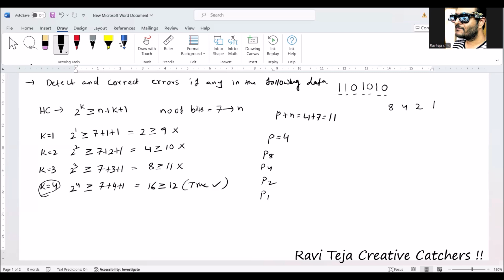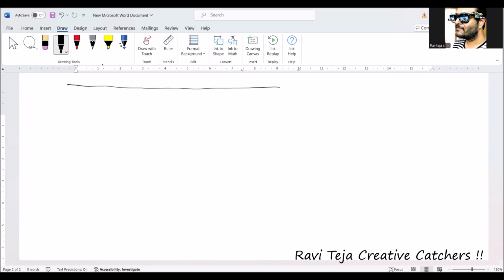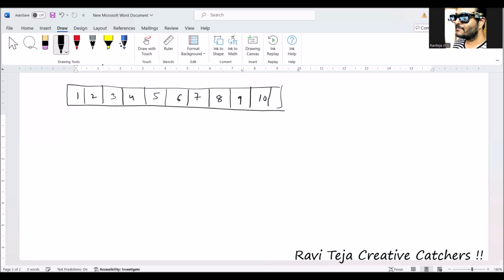So let's draw a box of 11 bits. One, 2, 3, 4, 5, 6, 7, 8, 9, 10, 11.